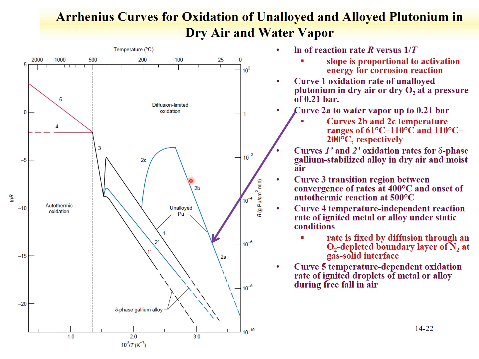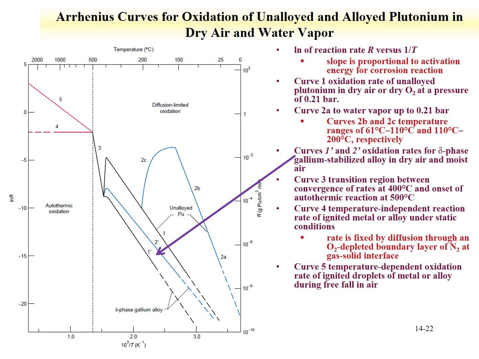The behavior is consistent for temperature ranges up to 110. Then from 110 to 200, we see this change occur. But overall, the rates are going to be larger at the same temperature than for systems with dry air. So the role of water definitely increases the oxidation.